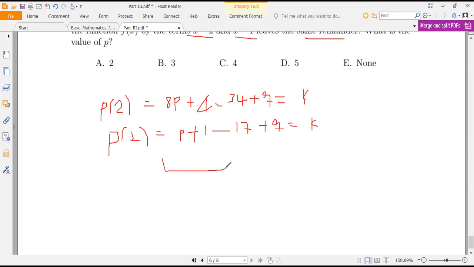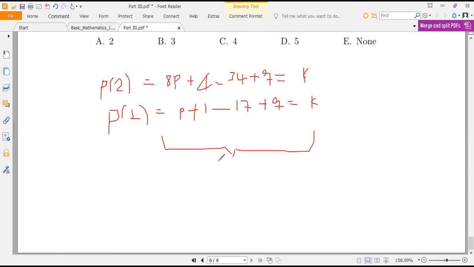So when we simplify this, we get 8p plus q minus 136 is equal to k, and p plus q minus 69 is equal to k.